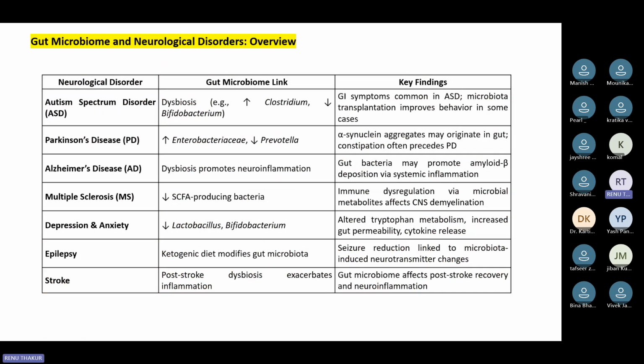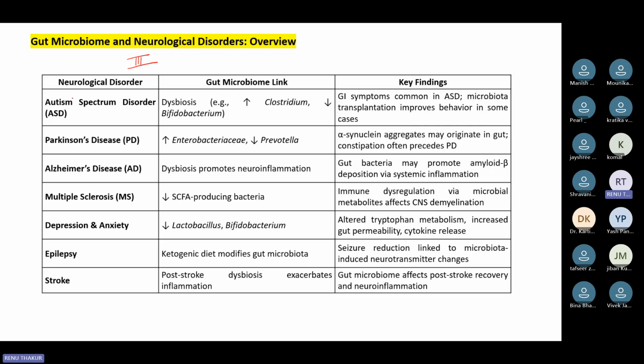Now we are done with the NAFLD, obesity, and diabetes part. This is the third part of the third module: how our gut microbiome is related to neurological disorders. We have already studied this in the second unit, how our microbiota is related to different kinds of psychiatric disease, if you remember. These are neurological disorders, where our neurons and their communication and coordination are influenced if we have an altered gut microbiome, that is, dysbiosis.